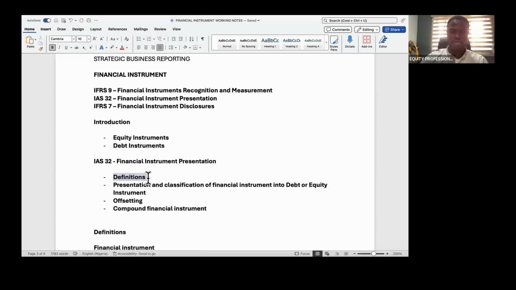At least we looked at definition of items and we deep dived into the presentation and classification of financial instruments into debt or equity instruments. Basically, that was the part of IAS 32 that we looked at last week.